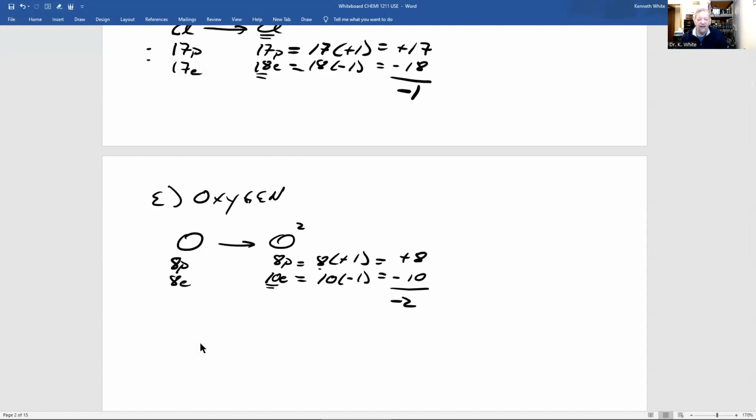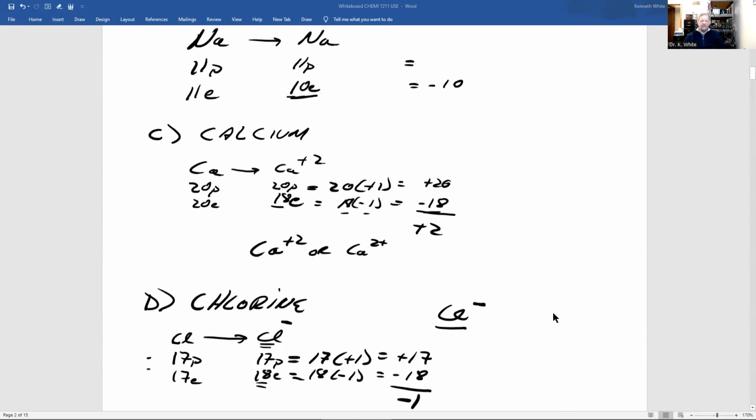So how do you write the ion? Dr. White likes this way, the older way, but you can also do this way. And that's how you determine what ion an element can form.